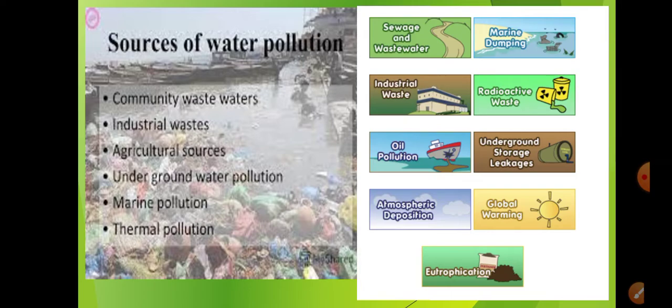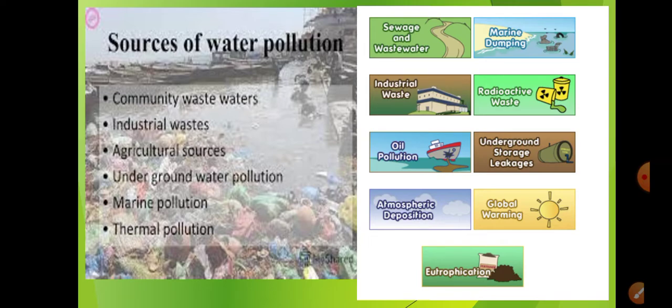Industrial waste we have already discussed, right? The waste coming from the industries, maybe solid waste also, is sometimes dumped into the water bodies. Radioactive waste means waste that is highly disease causing, very much harmful, very much poisonous for living beings. They are also sometimes dumped into the water body.